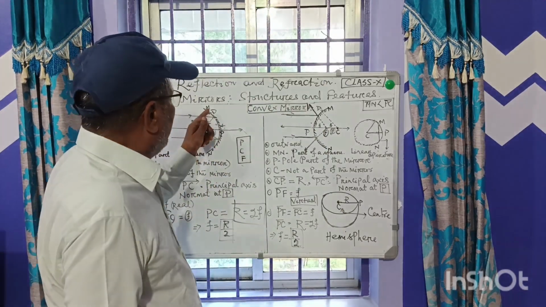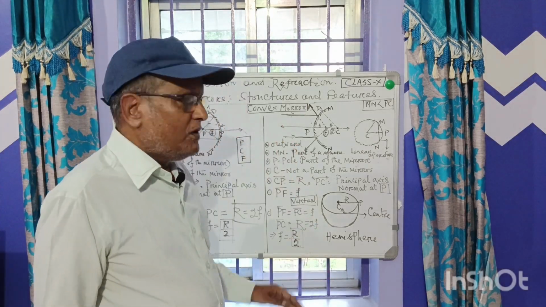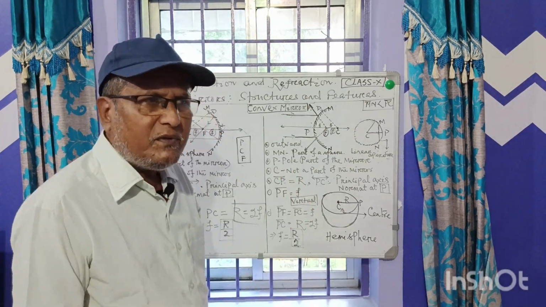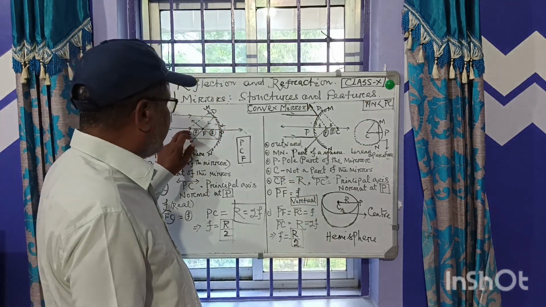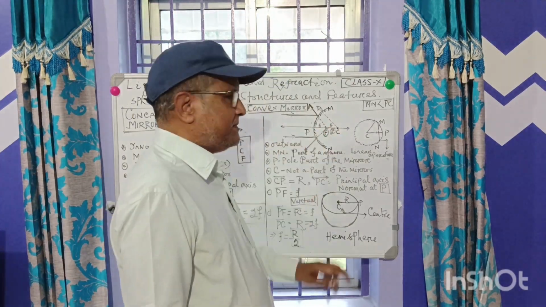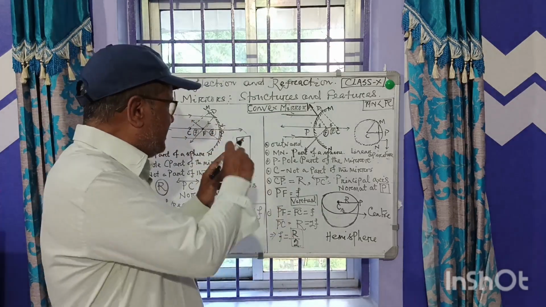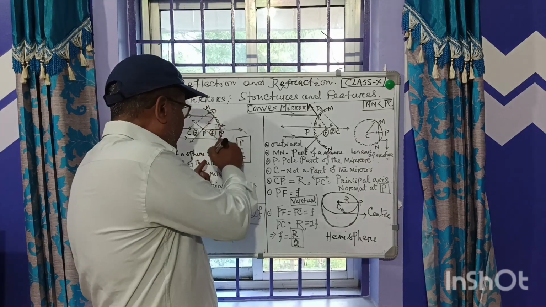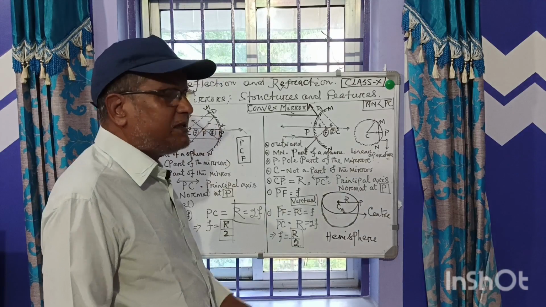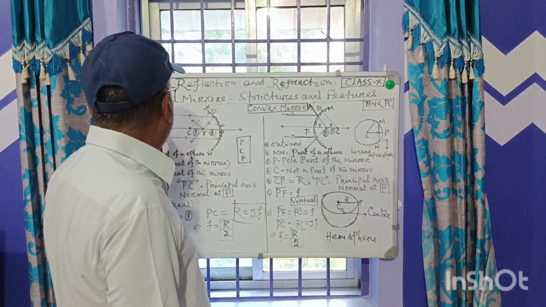So this MN is a part of a sphere. If it is a part of a sphere, it has a center. So you see the center. Here, see the center that is behind the mirror. Now, when the inward surface acts as a reflecting surface, it is called a concave mirror.